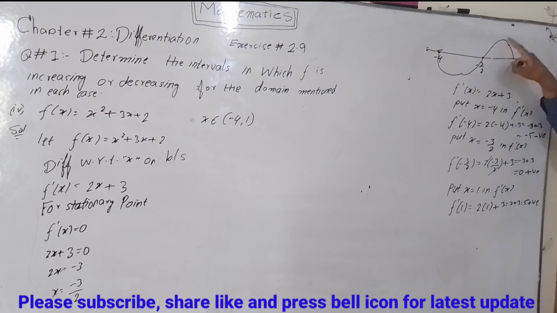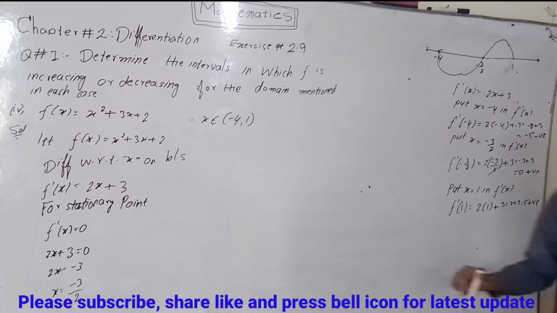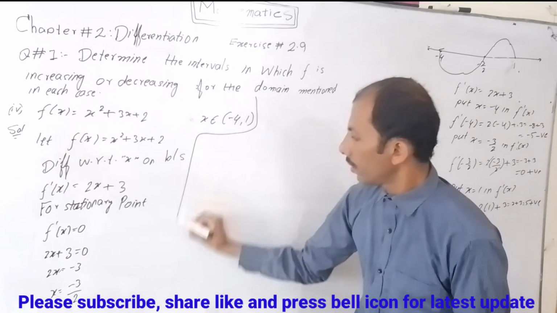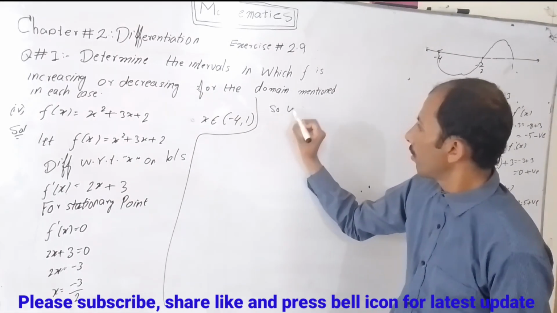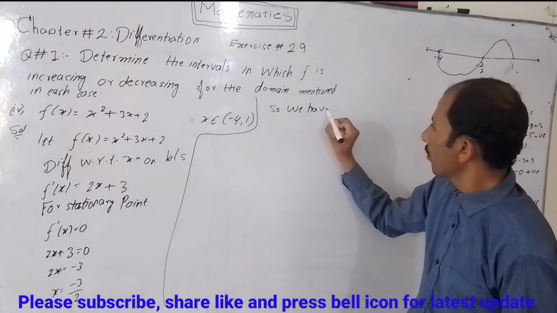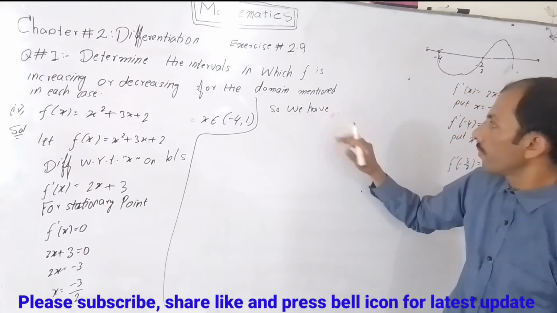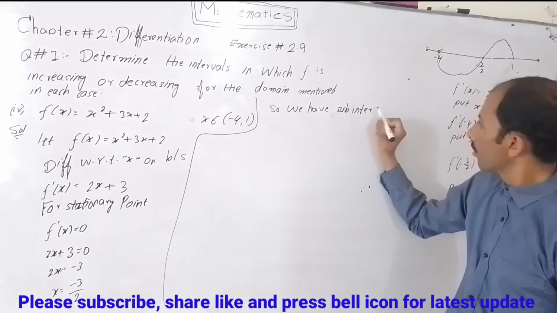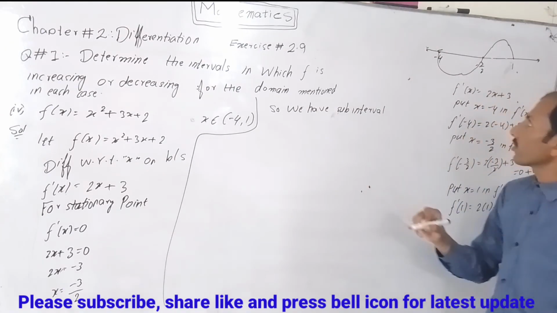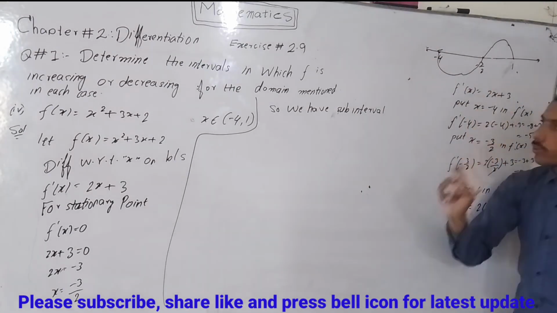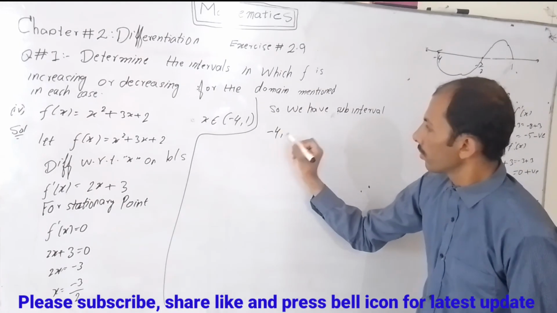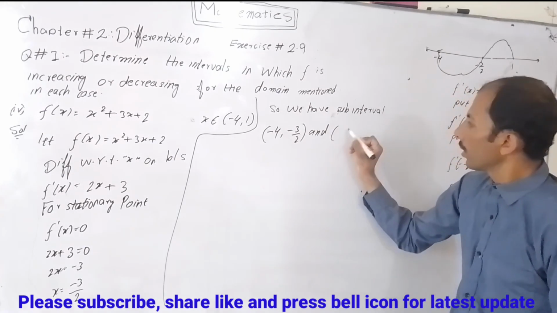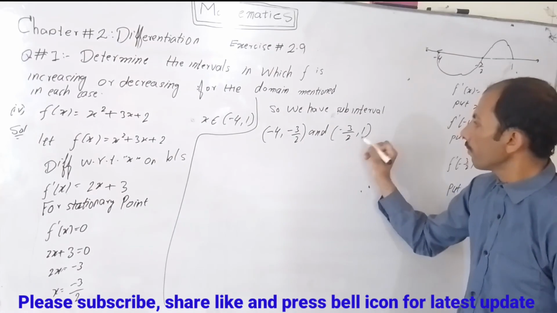So we have two sub-intervals: first, minus 4 to minus 3 over 2, and second, minus 3 over 2 to 1.